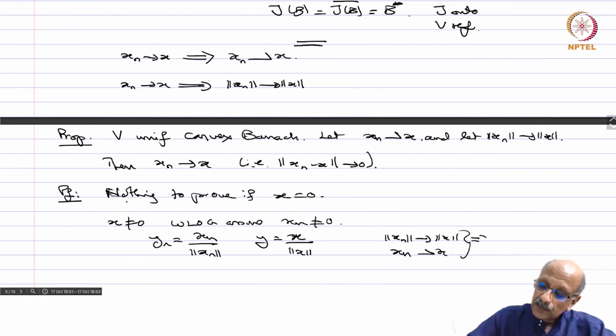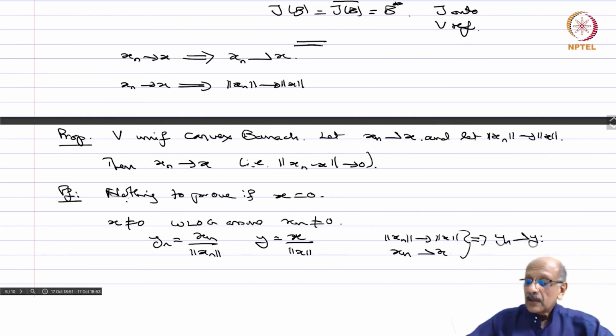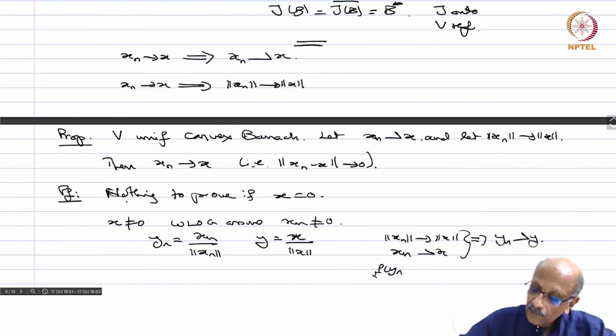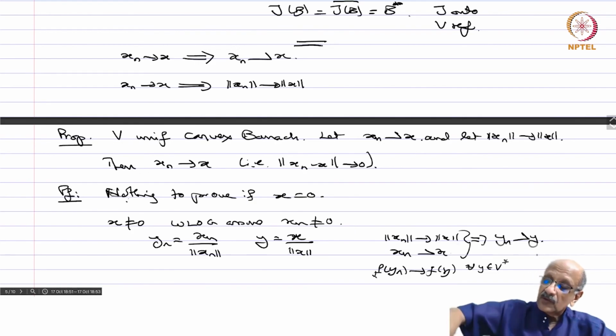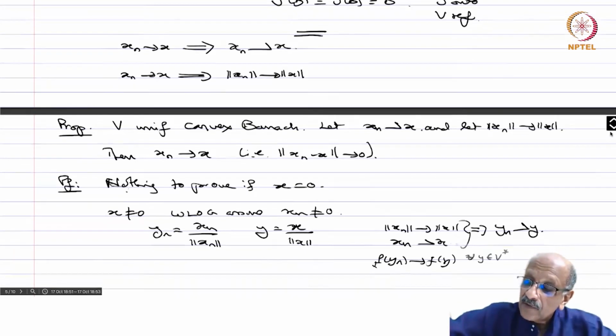Together these two imply that yn goes to y weakly. This you can check. So all you have to do is take any linear functional f, and you have to show that f of yn goes to f of y for every f in V star. This is what we have to show, and that is easy to show because you are given these two things. You can check it yourself. Okay.